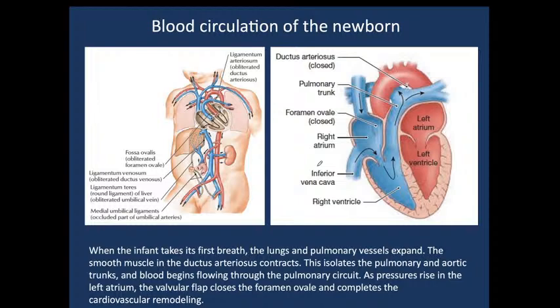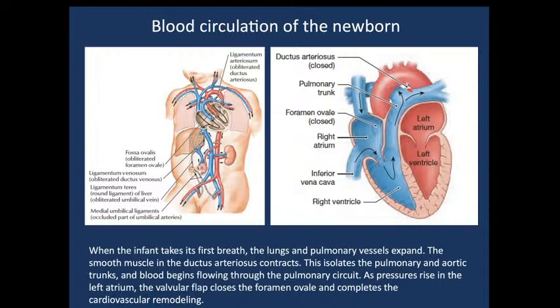When the infant takes its first breath, the lungs and pulmonary vessels expand. The smooth muscles in the ductus arteriosus contract, and this isolates the pulmonary and aortic trunks.